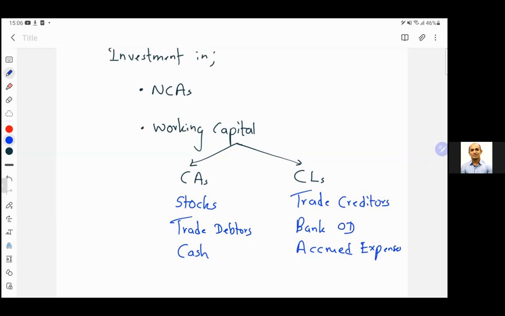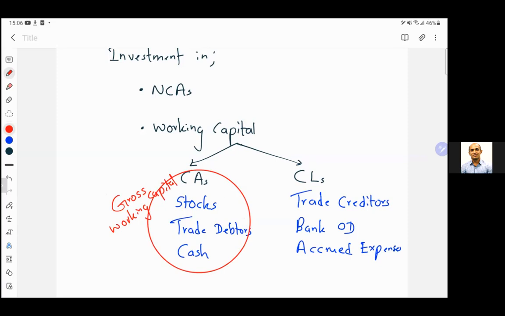Current assets are gross working capital.